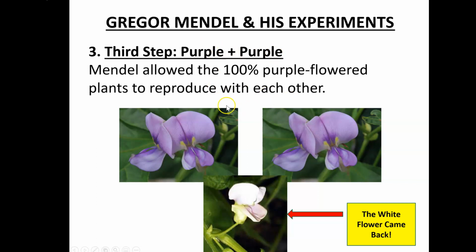And he found that eventually in that offspring, the white flower actually came back. There were purple flowers, but in that second generation of offspring, the white flower also came back. So purple and white flowers.